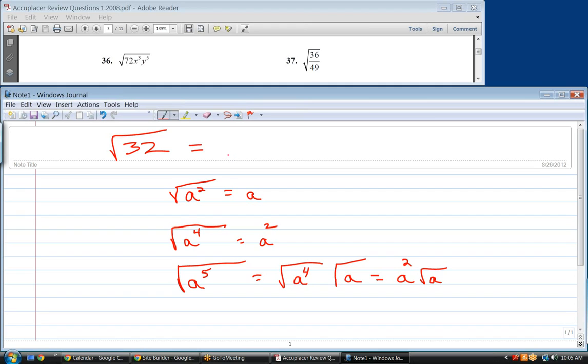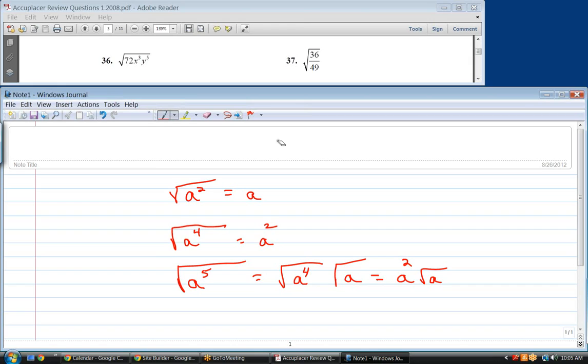And that's better because the perfect square is a bigger number. The square root of 16 is 4, so that becomes that. This is an important process for you to know, being able to simplify the square roots of numbers.